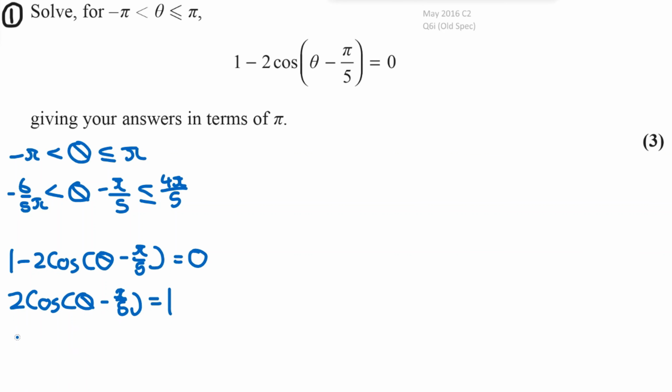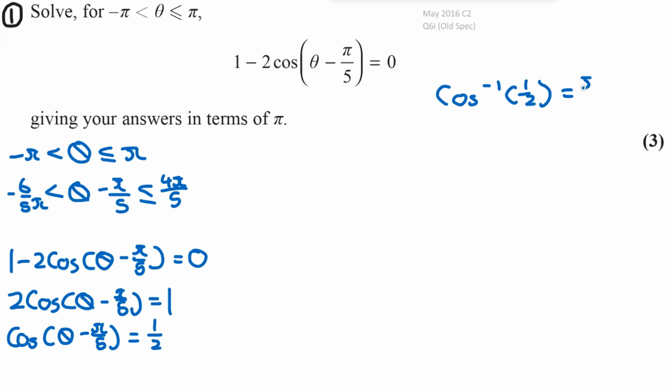Then divide both sides by 2 to get cos of theta minus pi over 5 is equal to a half. So then we're going to do the inverse cos of a half, which if you put into a calculator is equal to pi over 3.